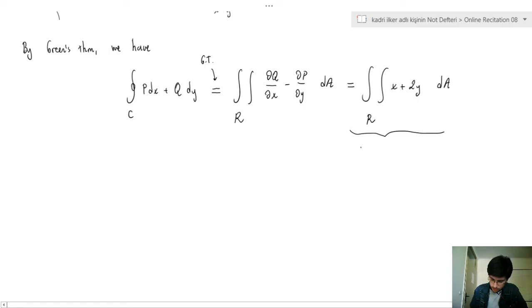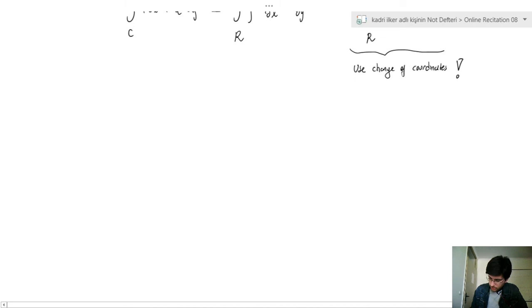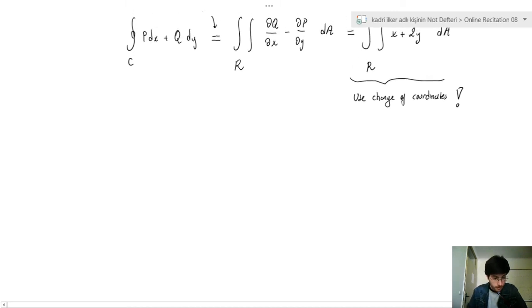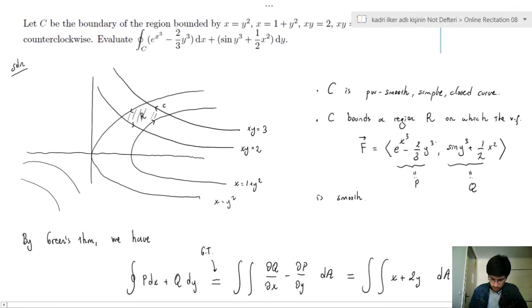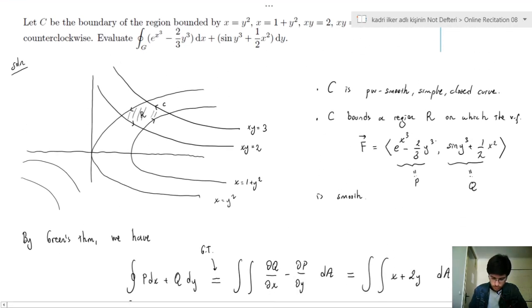Okay, now use change of coordinates, because we have a very hard region to apply elementary procedures. So let's choose, remember how to choose those things. Actually, this is almost visible. If you go back, it's almost clear.